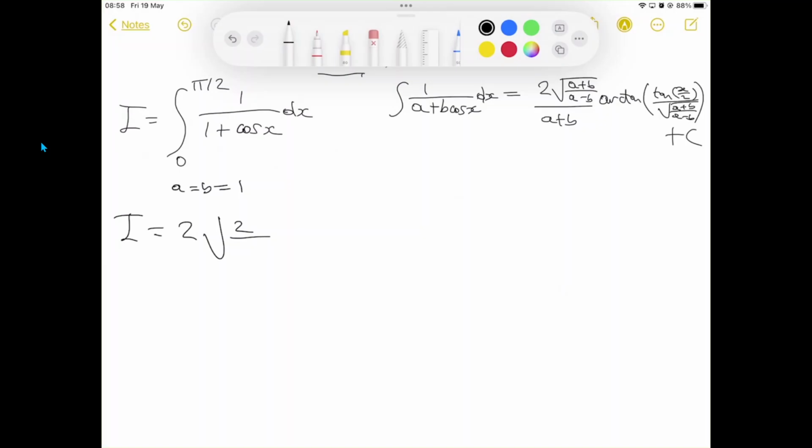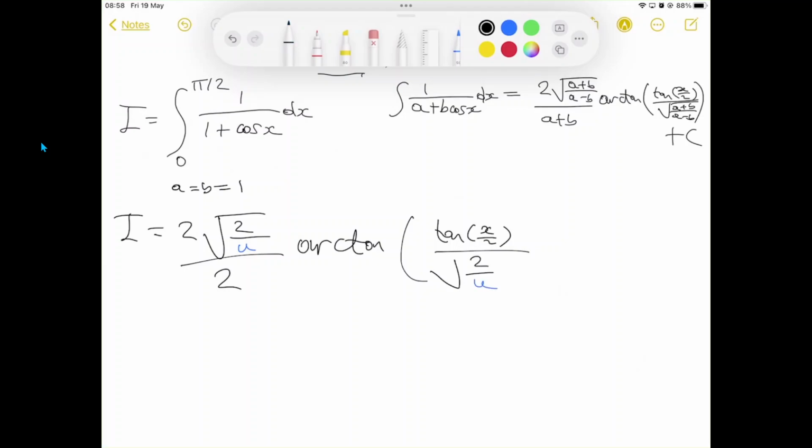so I'll just use a new variable. I'll call it u. Why not? 2 over u, and then a plus b is equal to 2, and we have arctan of tan of x over 2 over root, once again, 2 over u.